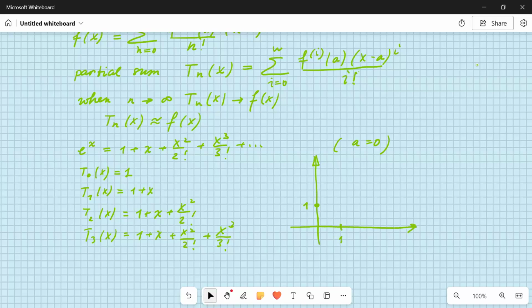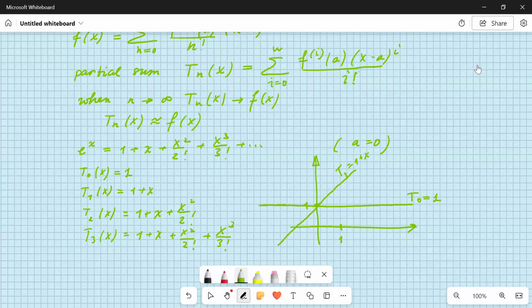So my 0 polynomial is going to look like this: y equals 1. Sorry, that's my 0 polynomial, T0. Then 1 plus x is going to look like this. T1 equals 1 plus x. And this is just 1.